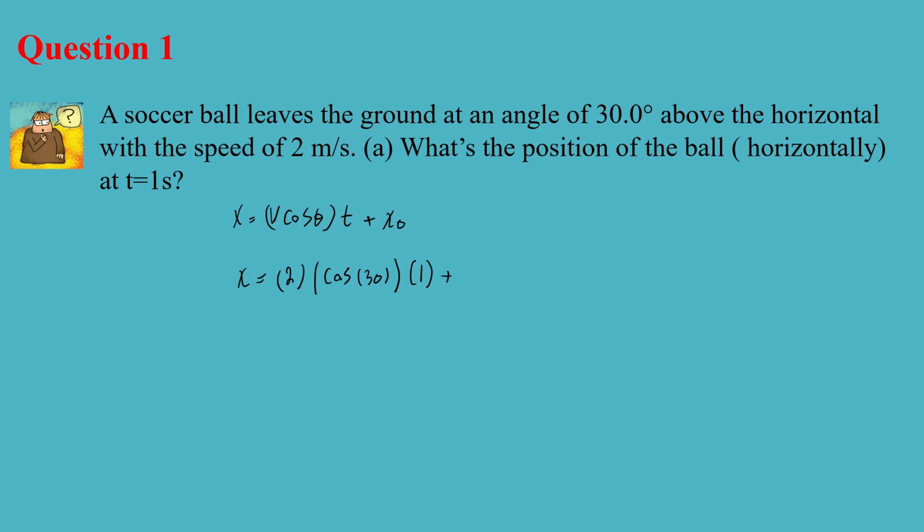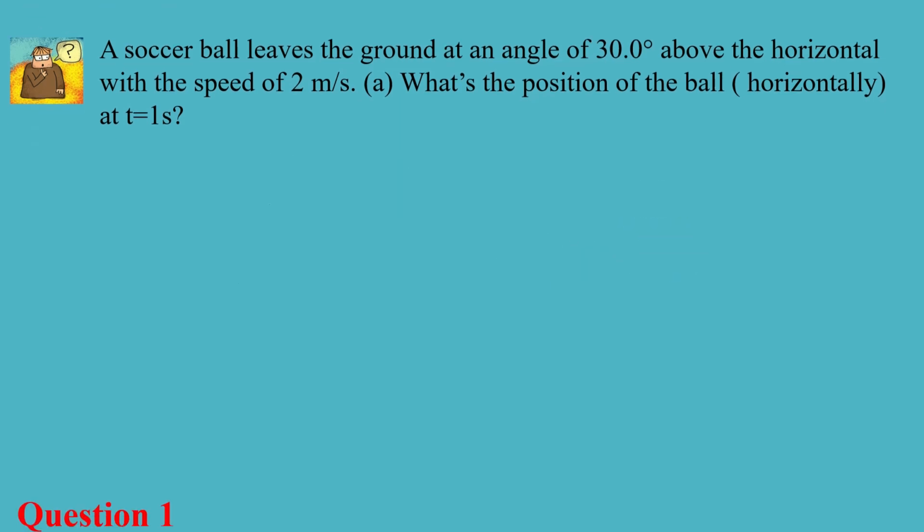My initial position I took as the origin, so it's 0. If I substitute, it's going to be half times 1, and my answer is going to be the square root of 3.